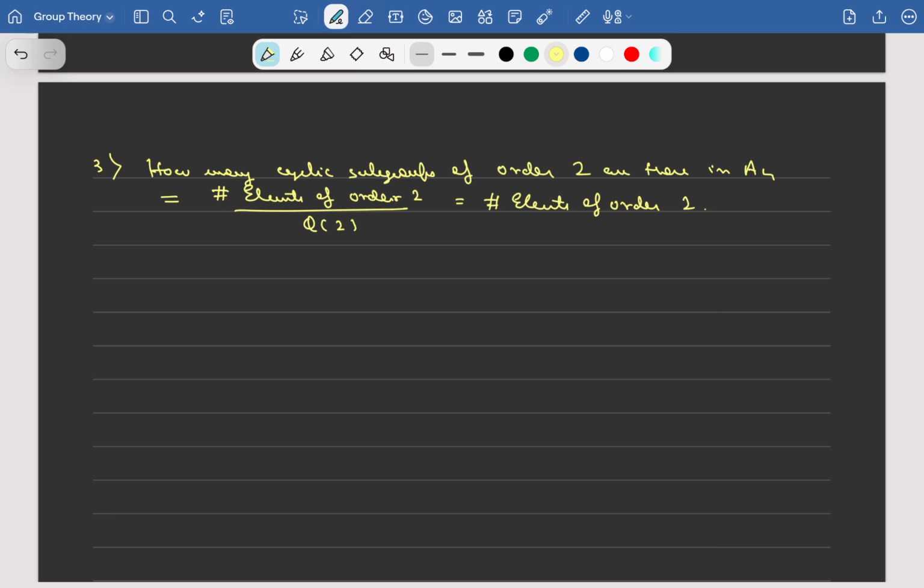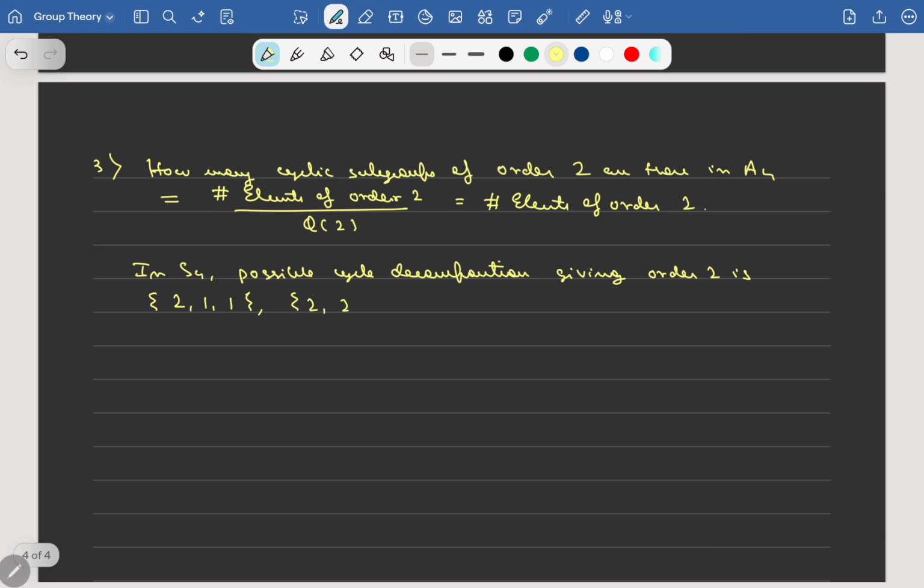So how do we calculate the number of elements of order 2 in S4? You need to get hold of the cycle decompositions. Now in S4, the possible cycle decompositions giving order 2: it should be 2, 1, 1, since you need at least one 2 and you cannot have an element of order prime to 2, or you can have two 2s.